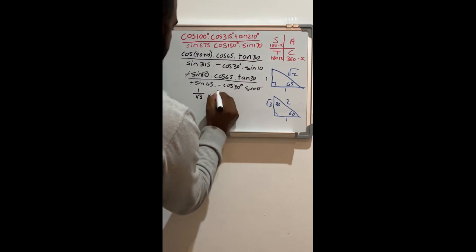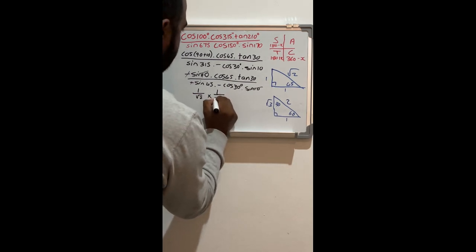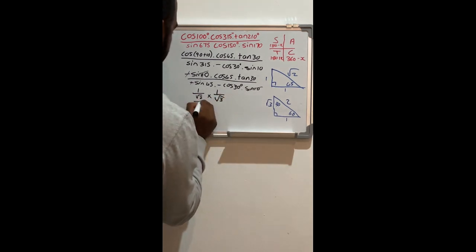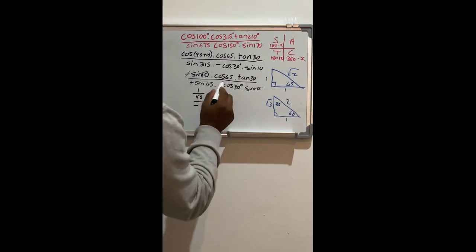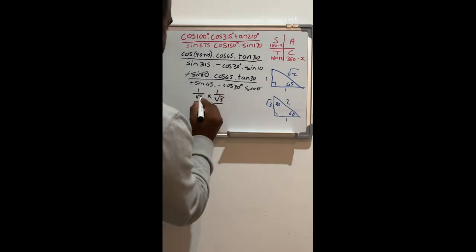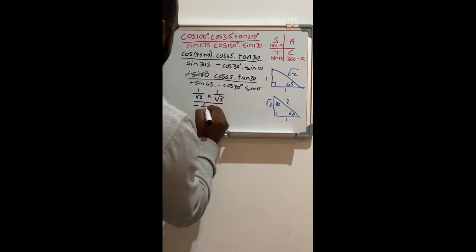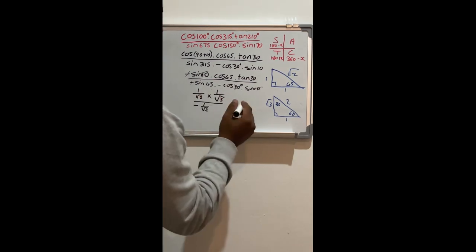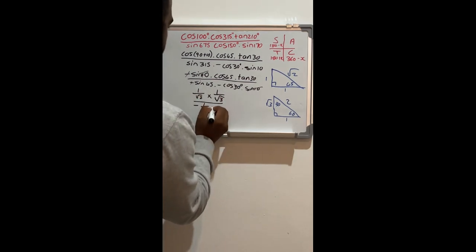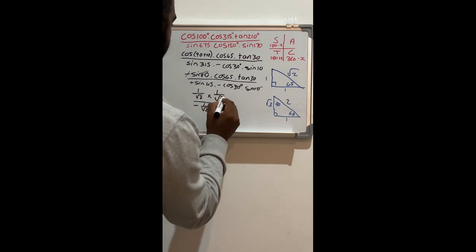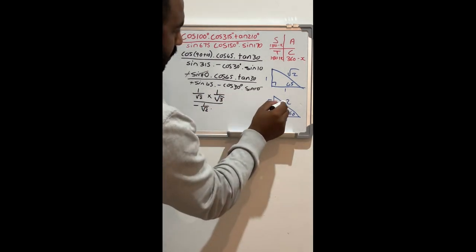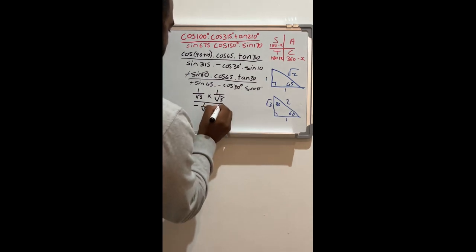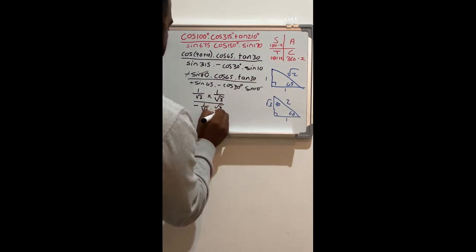So then that is 1 over square root 3. And then at the bottom we have minus sin 45. Sin 45 is also 1 over square root 2, and then we have times cos 30, which is square root 3 over 2.